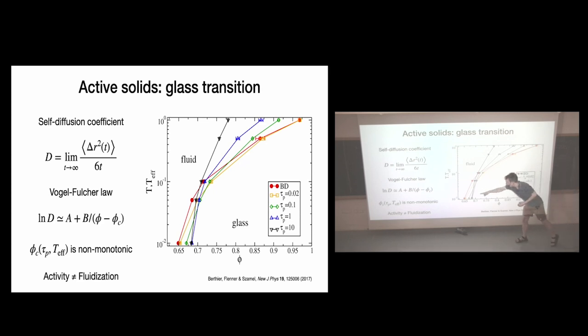Of course, the glass transition at a low temperature comes at an earlier density than the glass transition at a high temperature. But if you look, for instance, at the black curve, which is at tau p equal to 10 in their units, at small temperature the glass transition is shifted to higher densities, whereas at higher temperature the glass transition shifts to lower densities.